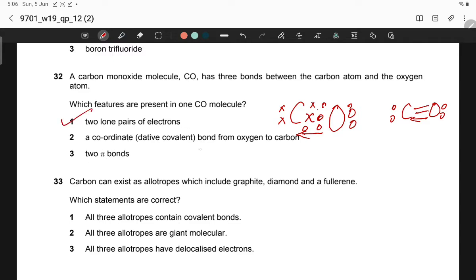A coordinate dative bond formed from oxygen to carbon. This is also correct. 2 pi bonds. Yes, this is also correct. When triple bond is there, one is sigma, this is pi, and this is also pi bond. So 1, 2, 3 are correct. The option is A.